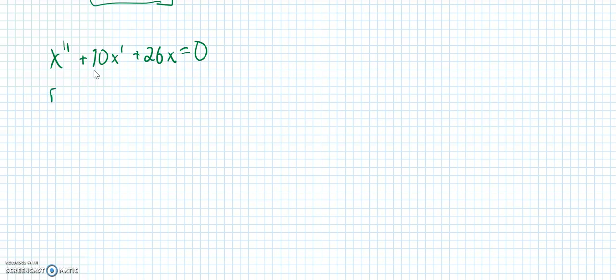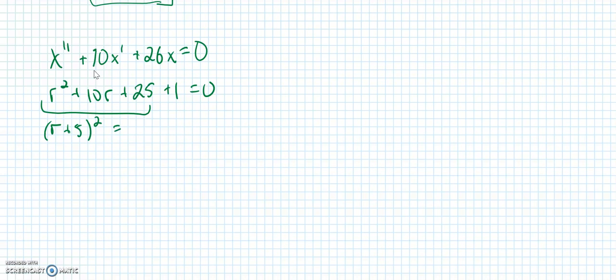So, all right, r squared plus 10r plus, what would I complete the square? 25, right? Divide 10 by 2 and square it is 25, plus another 1 is equal to 0. So this gives me (r plus 5) squared is equal to negative 1 if I move that guy over, which gives me r plus 5 is equal to plus or minus i, which gives me r equals negative 5.